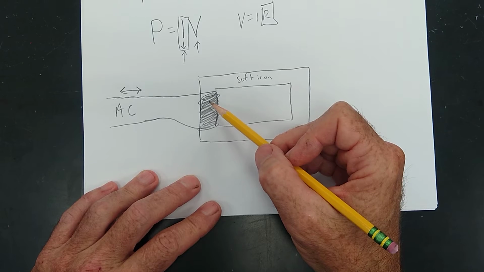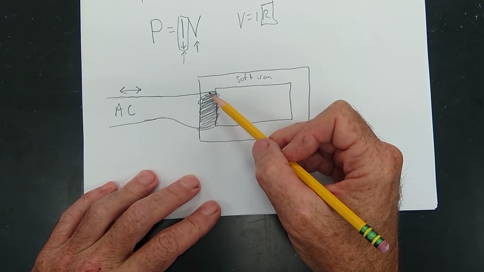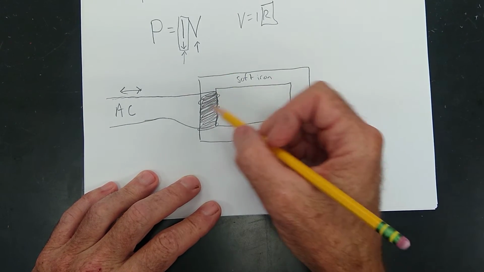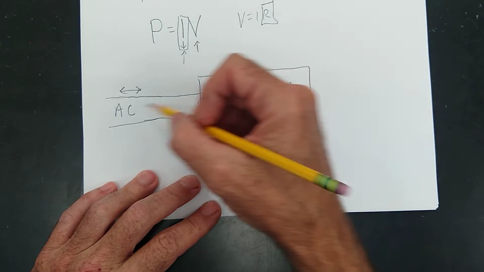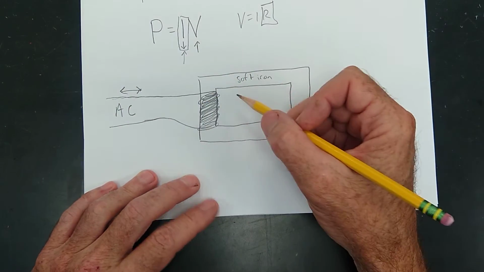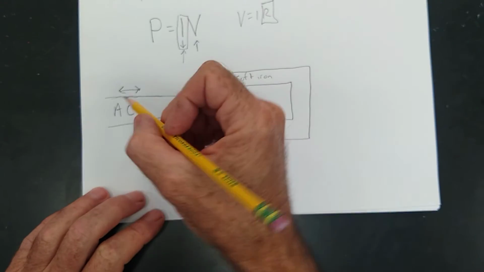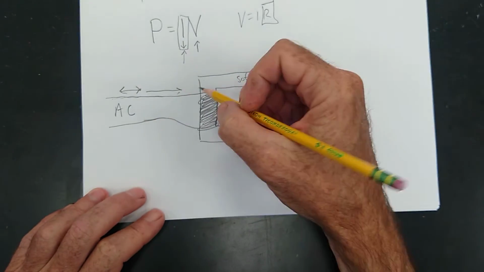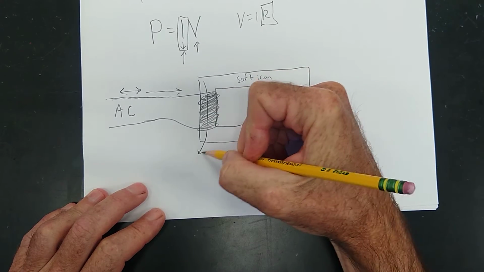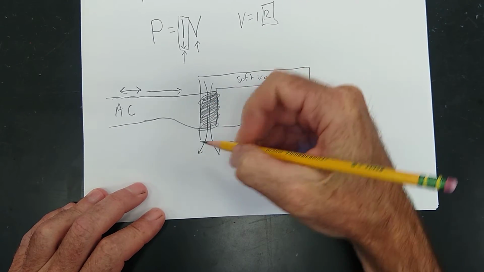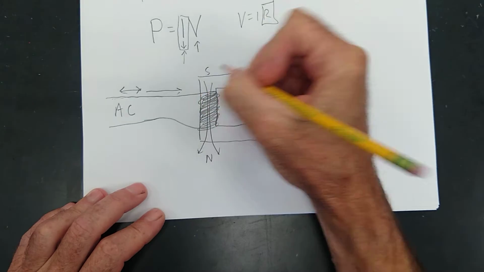Now, we know that this is a tall, thin coil, so this technically would be a solenoid, but we'll call it a coil here. As the electricity goes through here, we think about the right-hand rule. As electricity is going in this direction, we would end up with a magnetic field moving through this coil with a north down here and a south down here.